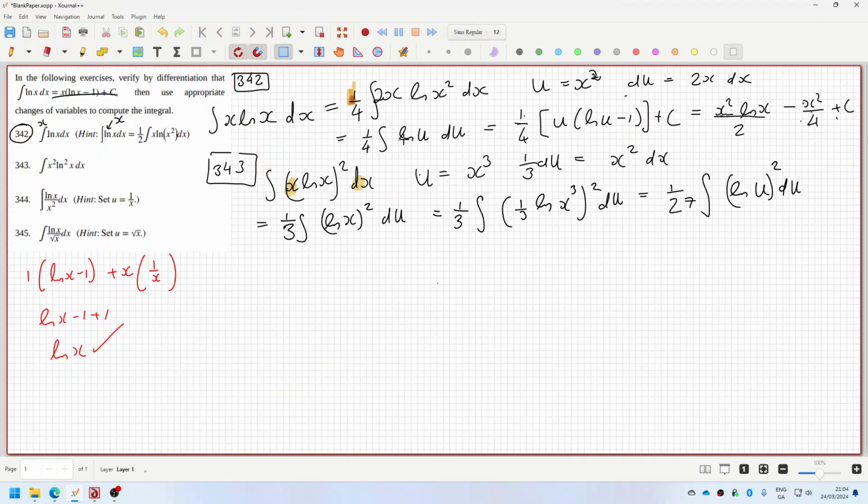Okay, one of the substitutions I want to try is v equals 1 over x log x, because then that would mean I would get dv dx. So different. No, would that do the job?